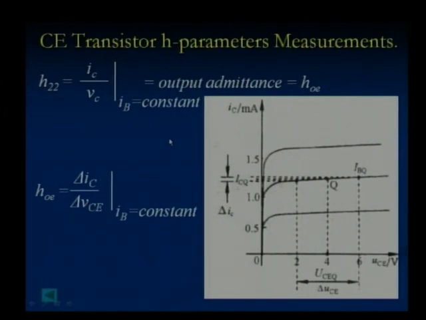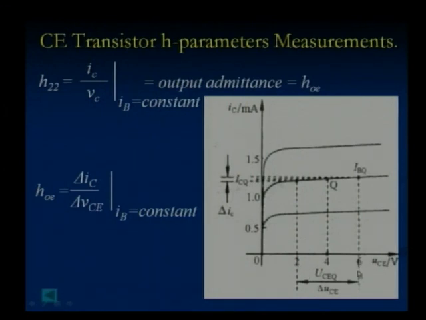And the last one, H22, the output admittance. From these characteristics, you can say it is the output characteristics, delta IC upon delta VCE. So that is the change in collector current. You can measure on the x-axis for a particular characteristics. Take collector current corresponding to this point, take collector current corresponding to this point, and we can find out that change in collector current for particular IB, and corresponding values of the output voltage and the other output voltage.